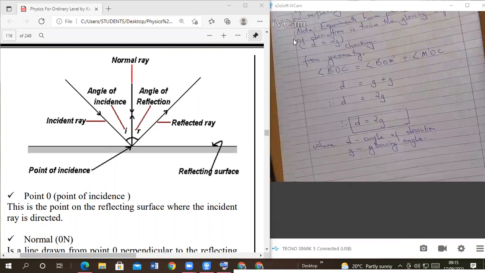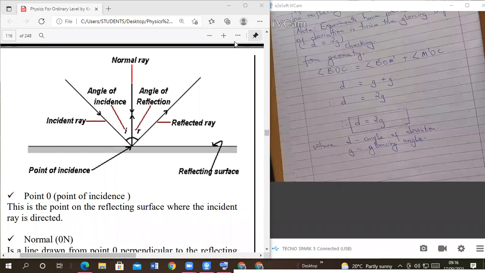If that is true, and we know what a glancing angle is, who can remind us what a glancing angle is? The glancing angle is the angle between the incident ray and the reflecting surface at the point of incidence. Very good. That is one. Who can define it using the reflected ray?